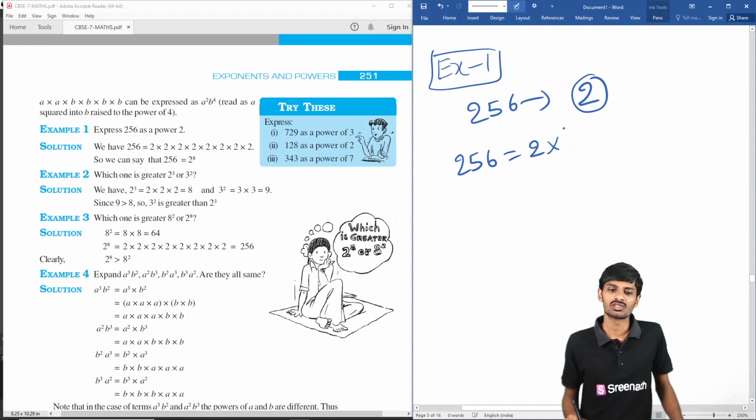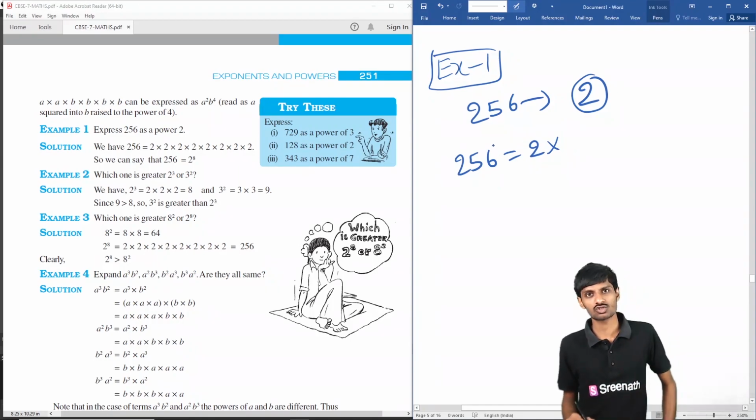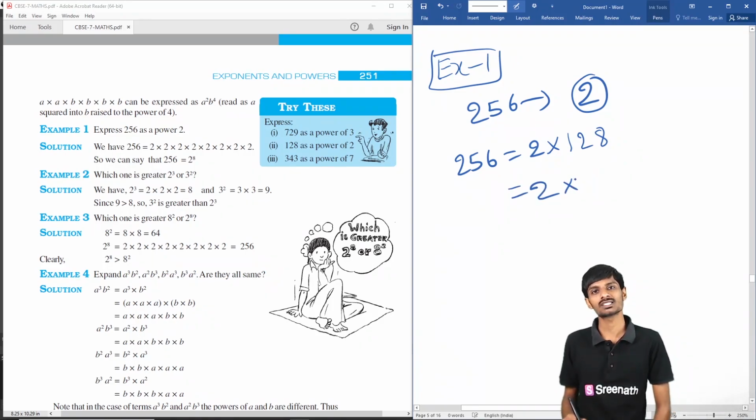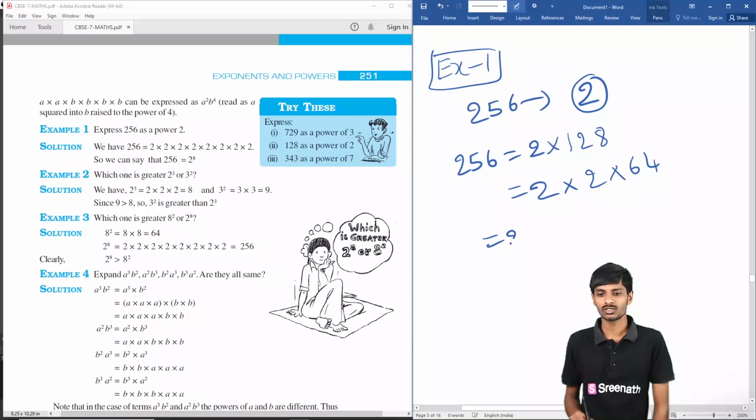If you know the multiplications, okay students, here you won't require the multiplications. 2 into 128 is 256, and 128 is 2 into 64. It is 2 into 64, and again 64 is 2 into 32. Again 32 is 2 into 16.